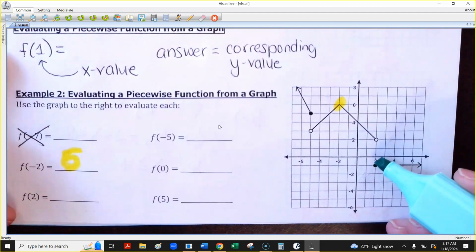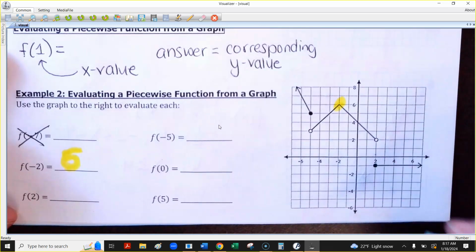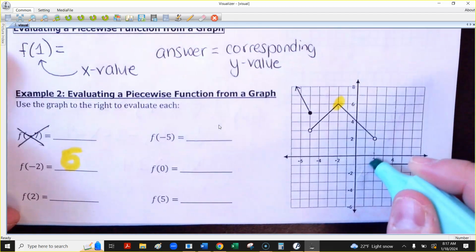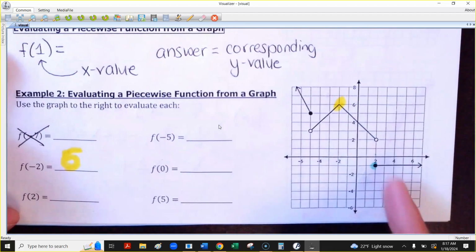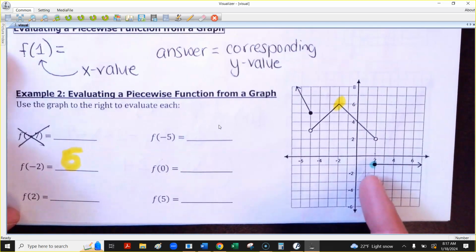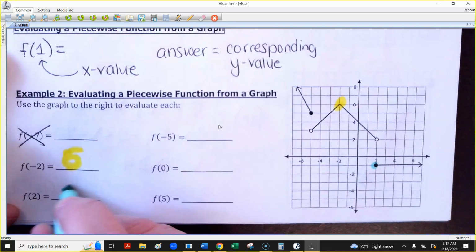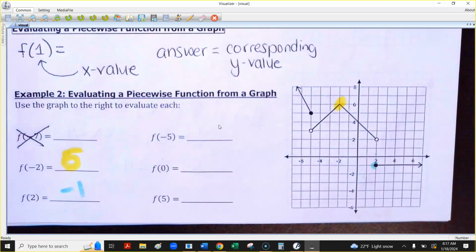Do you think you go with the open circle or the filled in circle? If I'm actually touching that point, should the circle be open or filled in? Filled in, right? The closed circle. So if I'm on 2, I got 2 choices. You go with the filled in circle. So if I go over to 2, make sure I write this correctly. This should be -1. I just used the same graph that we were looking at for the previous example.